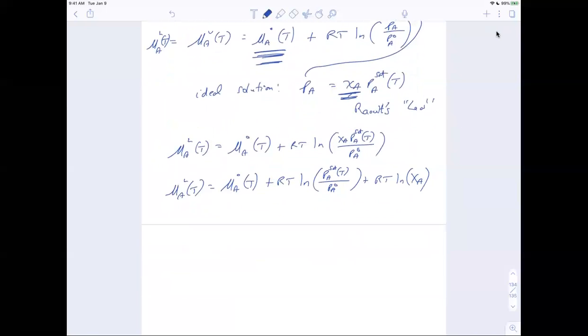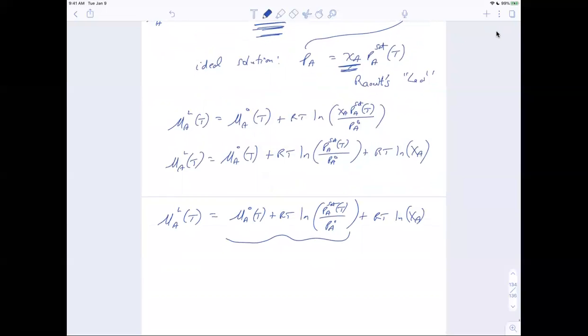Okay. And what we see then is mu A in the liquid is equal to mu A naught T plus RT natural log PA vapor over PA naught plus RT natural log X of A. But this guy is just mu A at the saturation pressure at that temperature.